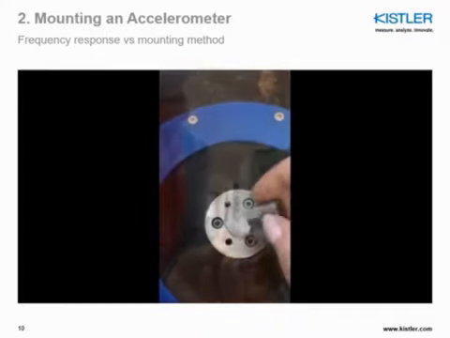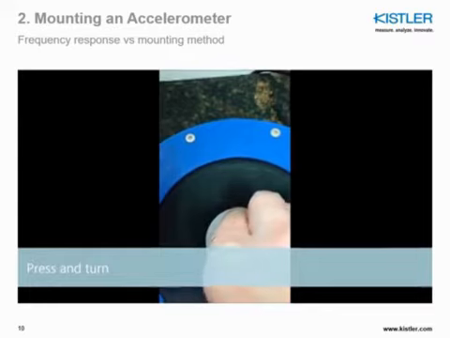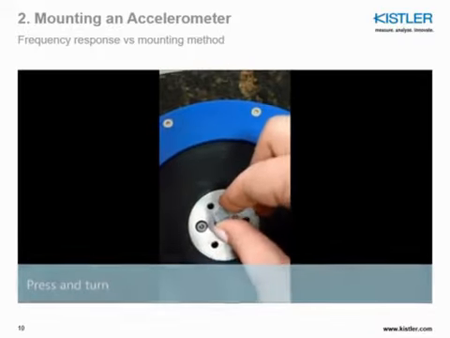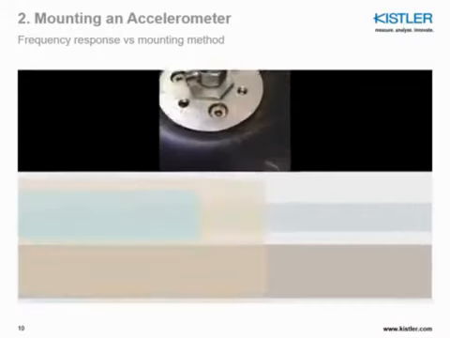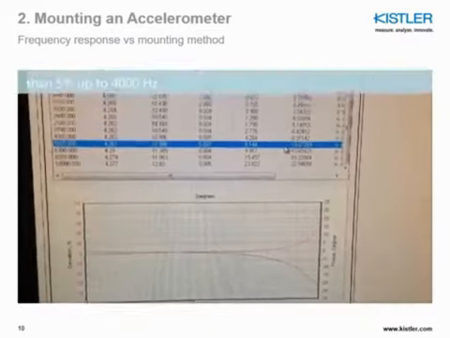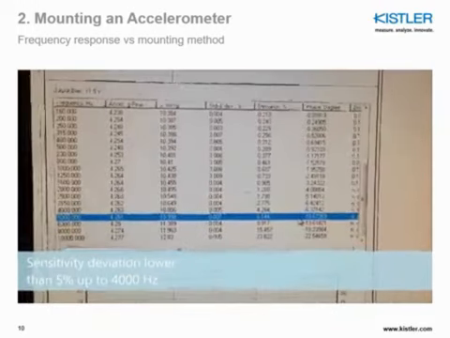Then you press and twist. In that way, the sensor is securely fastened and there is no moving around during the frequency test. Looking at the results, we have a 5% deviation up to 4,000 Hz.